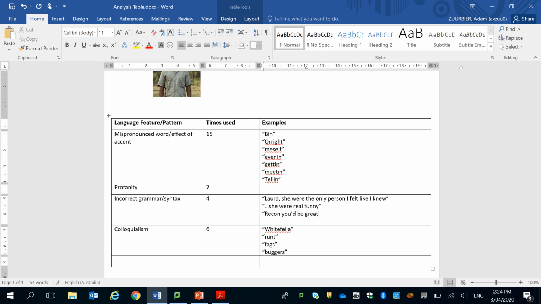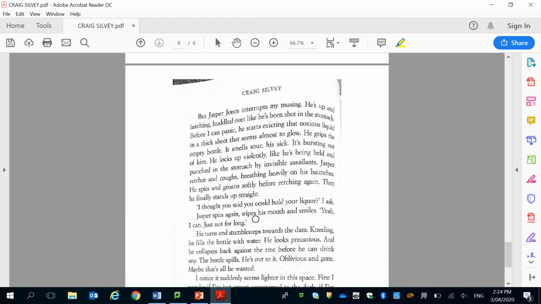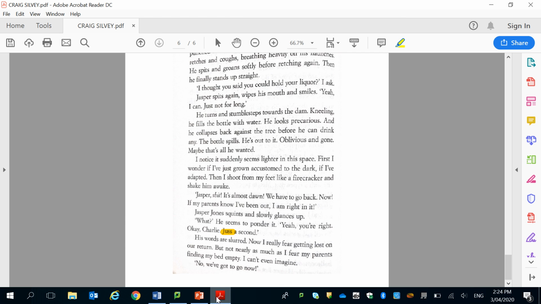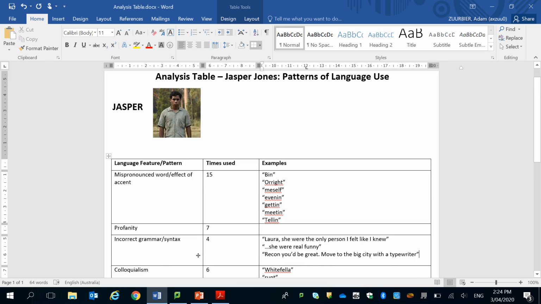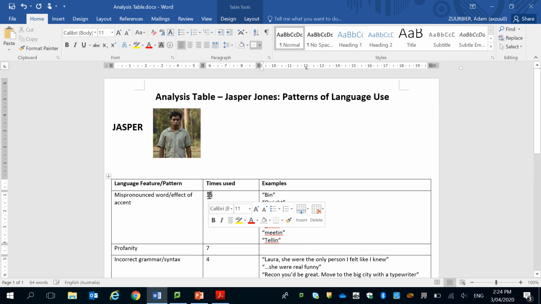Reckon you'd be great. Move to the big city with a typewriter. Okay, what else do we have there? Nothing more on that page. Just another mispronounced word. Okay, so 16.